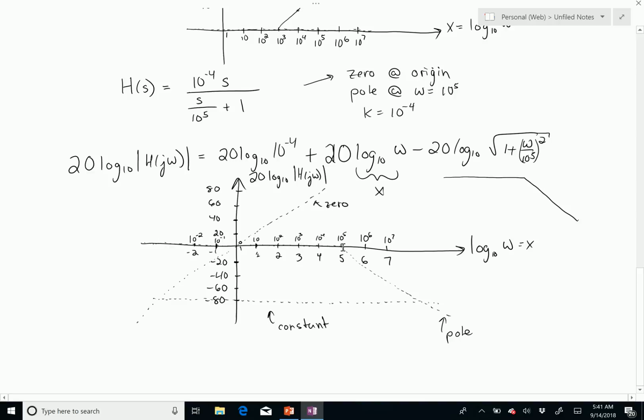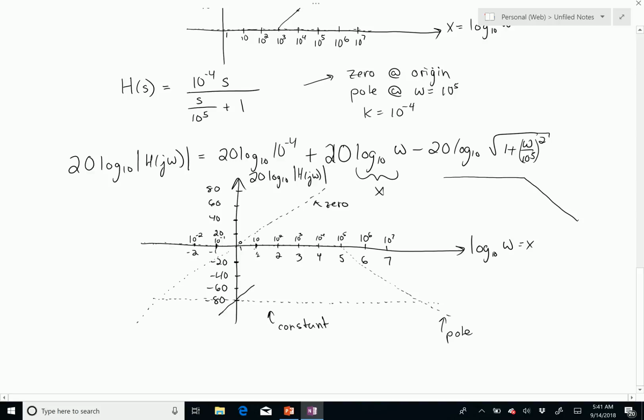The pole doesn't really become active and start contributing until I get above 10 to the 5th, okay? So at this point, I can show the overall system is basically rising 10 dB or 20 dB every decade. So it's minus 80 here.